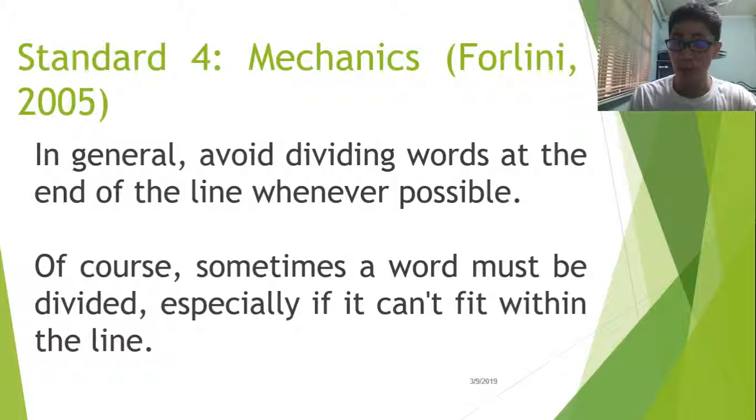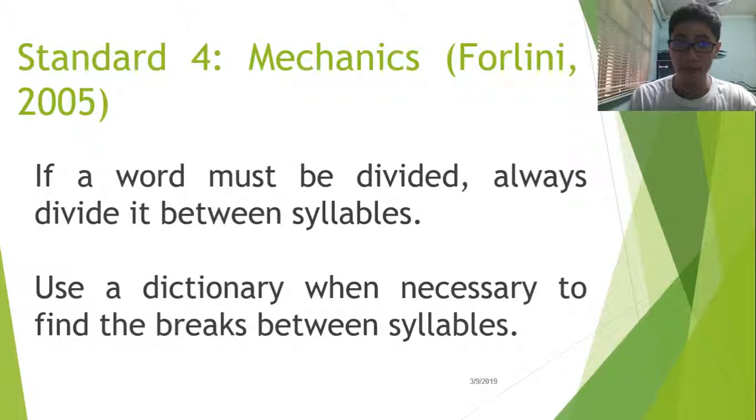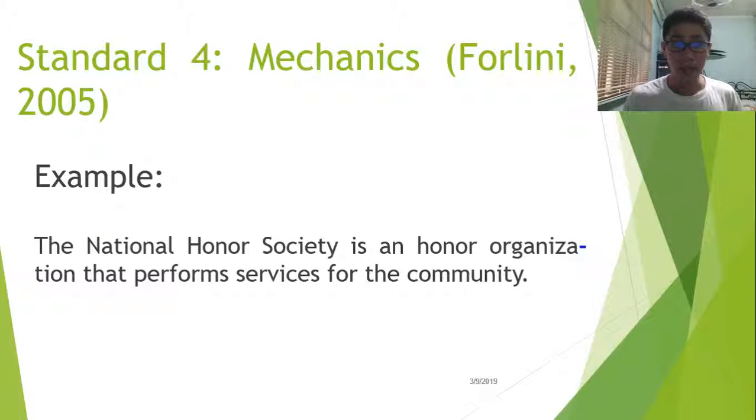Now, when you divide words, you have to know the syllabication. Use a dictionary if you're unsure of the proper syllabication of words. So that's the basis for determining where to place the hyphen when you divide words that cannot fit the same line anymore. Like in this example, the National Honor Society is an honor organization.